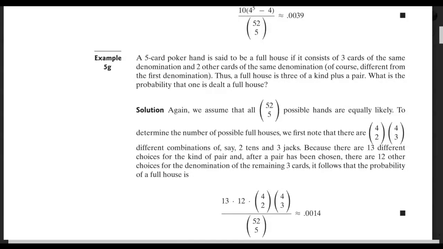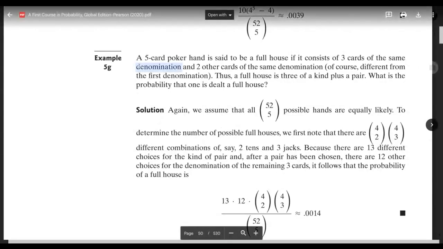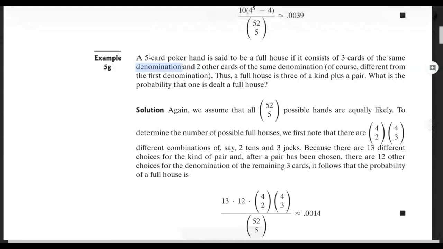Maybe they call it denomination, not number, because jack, queen, king and ace are not numbers. So each suit has 13 of those, and in 52 cards we have 4 of the same denomination: 4 tens, 4 aces, 4 twos, 4 threes, and so on.